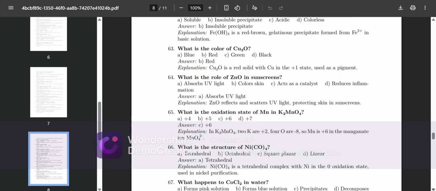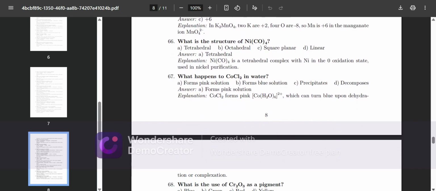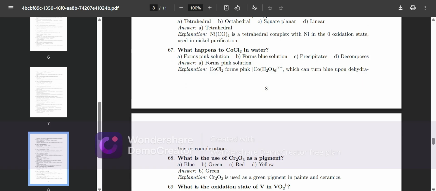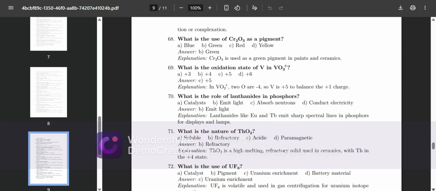What is the structure of Ni(CO)4? Tetrahedral. Ni(CO)4 is a tetrahedral complex with Ni in the zero oxidation state, used in nickel purification. What happens to CoCl2 in water? CoCl2 forms a pink [Co(H2O)6]2+, which can turn blue upon dehydration or complexation.